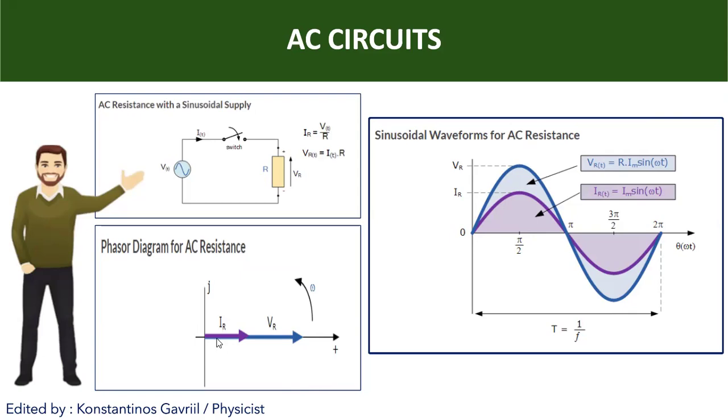The angle between these two vectors is zero; they are in the same direction, on the same axis. So the phase is zero. As you see here, the voltage is equal to R times I maximum sine omega t, and the I is equal to I maximum sine omega t.